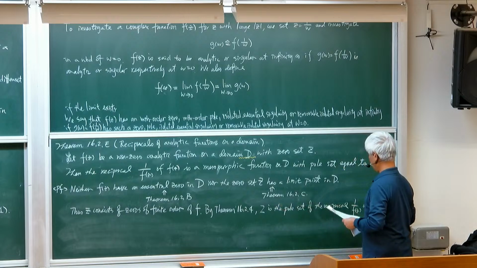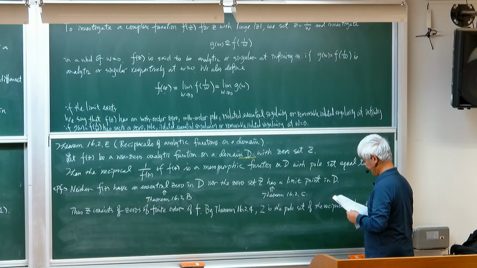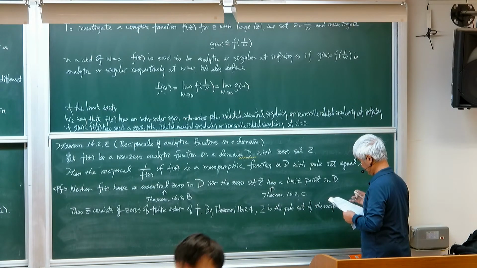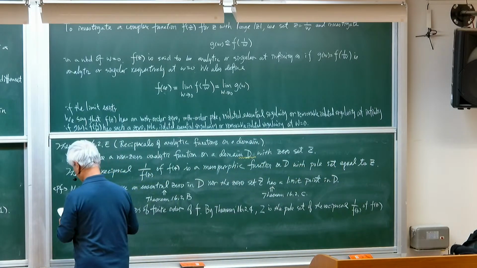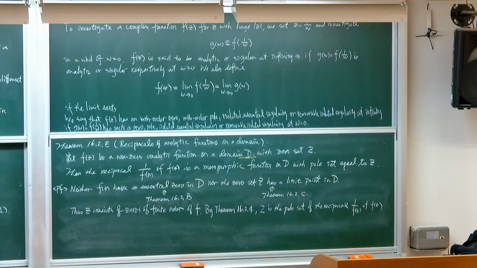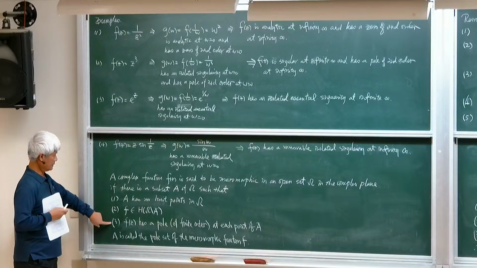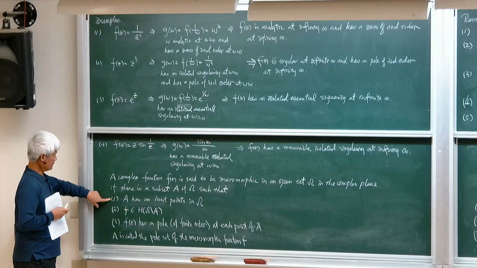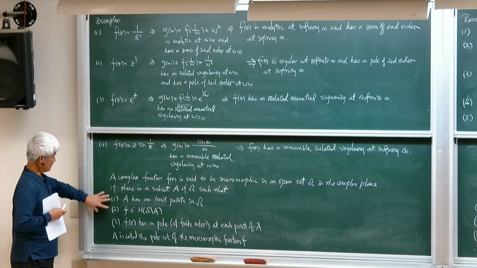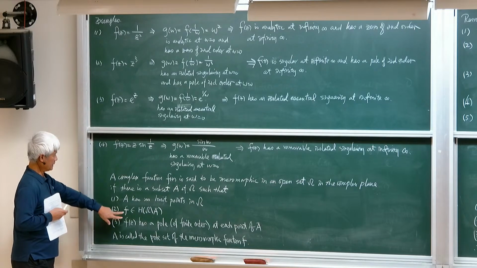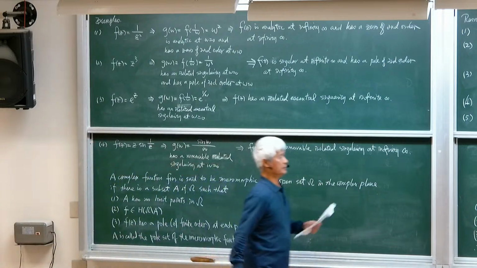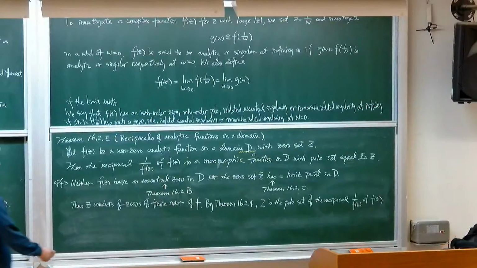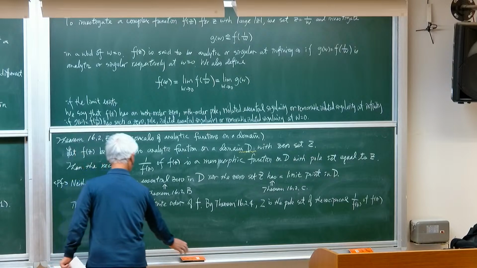So the zero set becomes the pole set. And the third condition is satisfied, and we know f is analytic at every point, so the reciprocal also is clear.